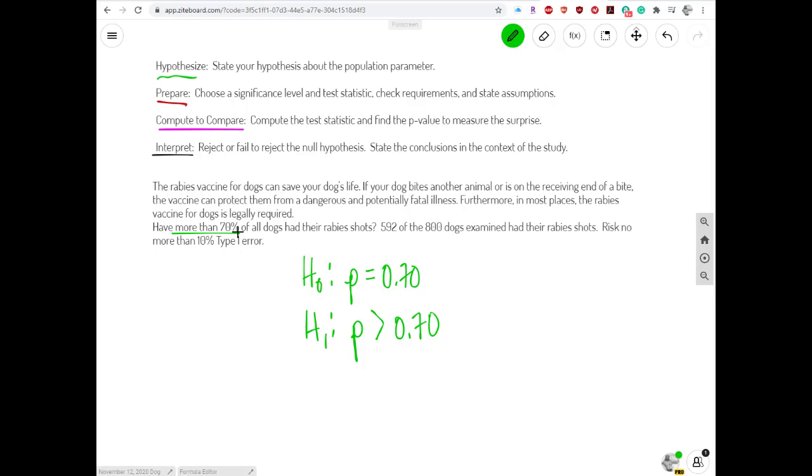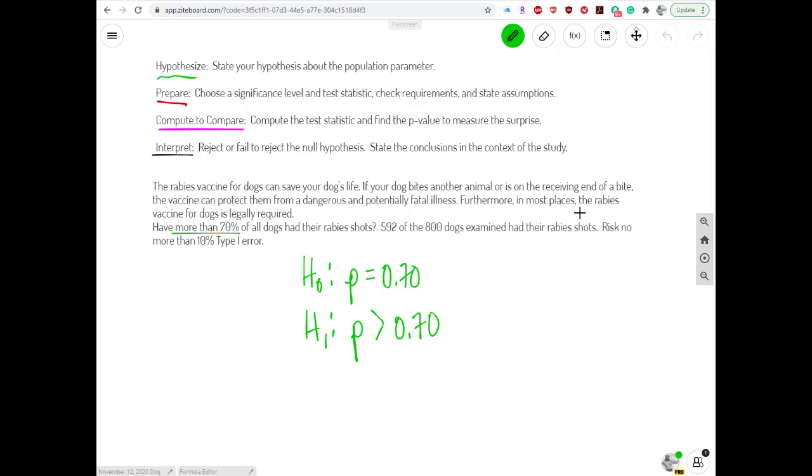We can't just start going straight to prepare and writing things down. We have to know exactly what type of test we're doing. And as a reminder, one of the reasons why is because we want to eliminate any bias. By really focusing in on what the question is asking, instead of just looking for whatever we can find, here we've moved towards eliminating that bias.